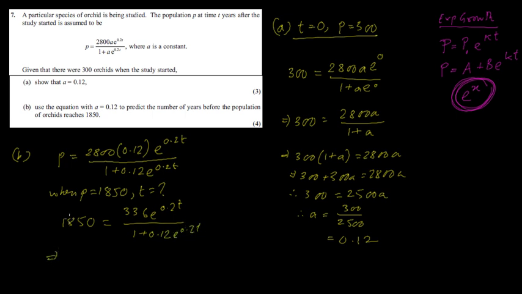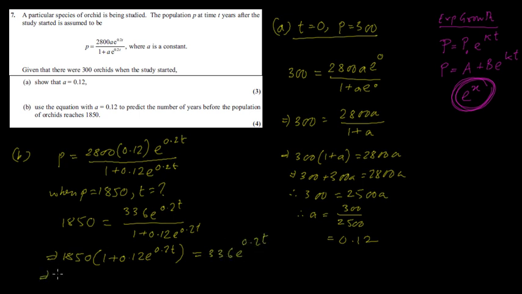So the calculation is going to be, we cross multiply, so 1850 times 1 plus 0.12 e to the power 0.2t equals to 336 e to the power 0.2t.